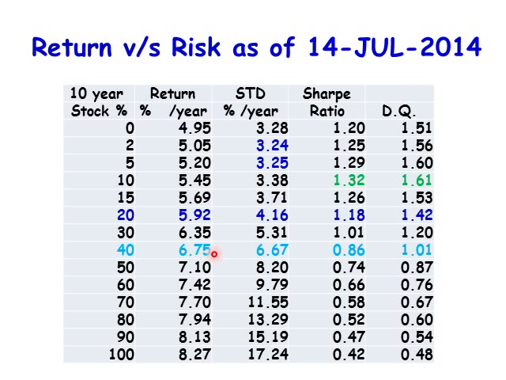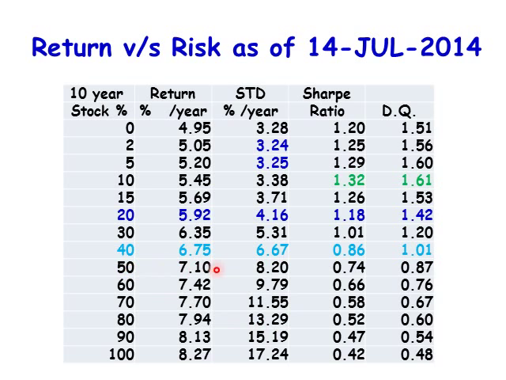But at 6.75% per year, a portfolio will not double in 10 years. But when you get 50-50 allocation, returns are 7.1% per year, and at that rate, a portfolio would double in 10 years. And now we are talking about 8.2% in standard deviation. When you go higher up in the stock allocation, our returns go up, though marginally, and so does the standard deviation, and it goes up significantly.